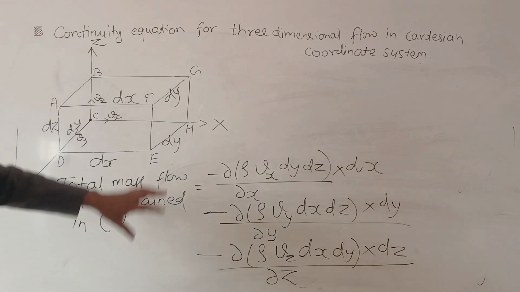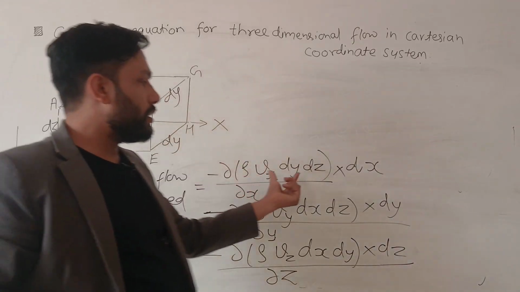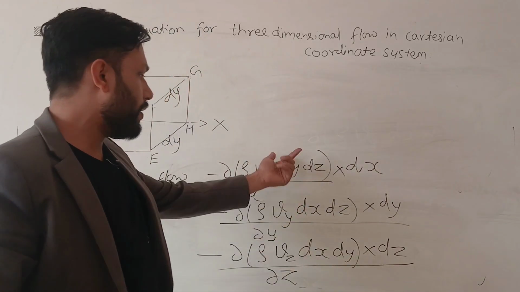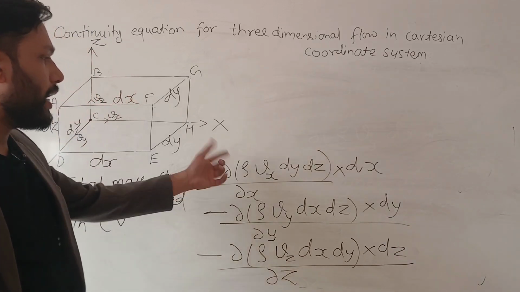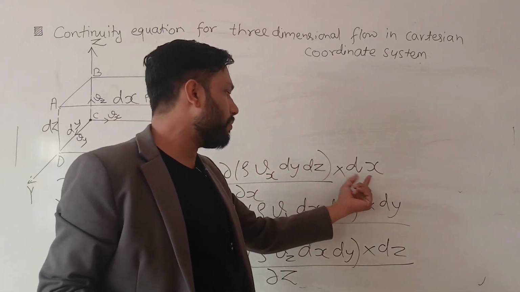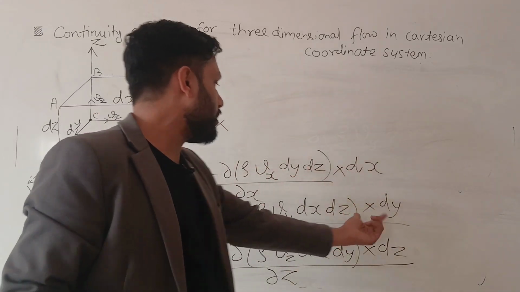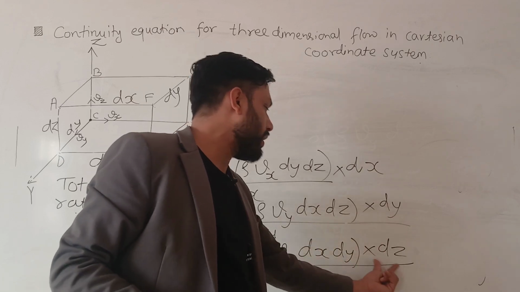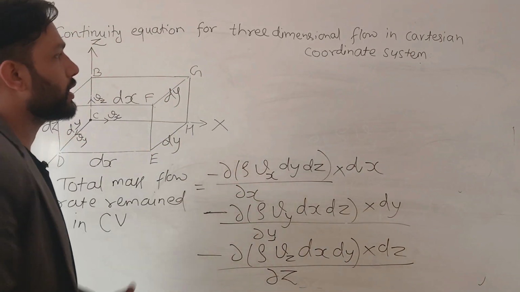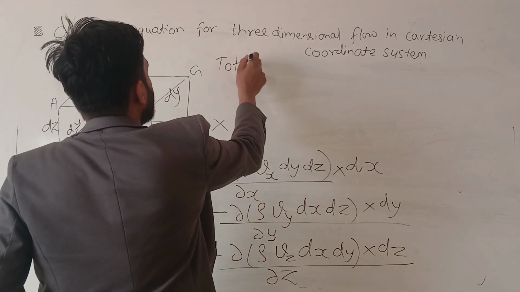These are the three mass flow rate remained parameters. I have added all these, and I take the common here. That common is dx dy and dz, dx dy and dz, and dx dy and dz are the common. And let's take the common and let's find the total mass flow rate.